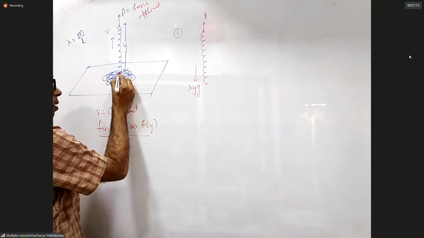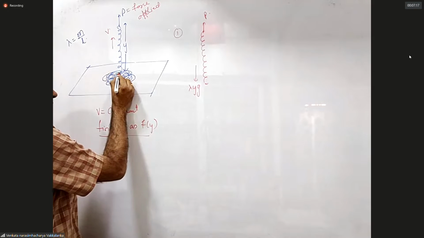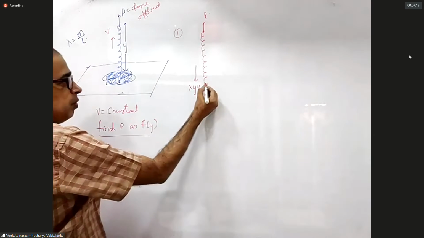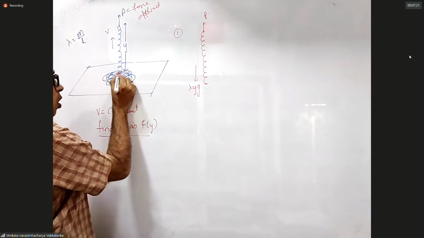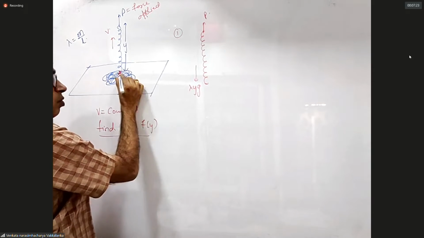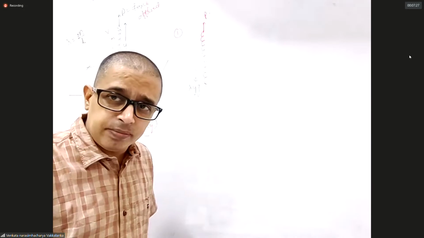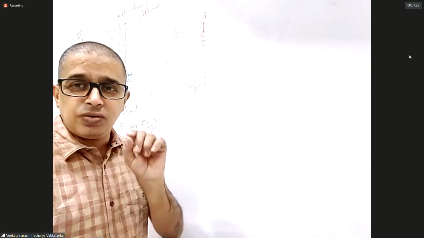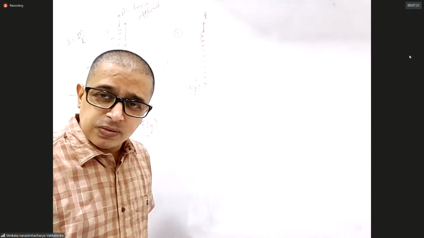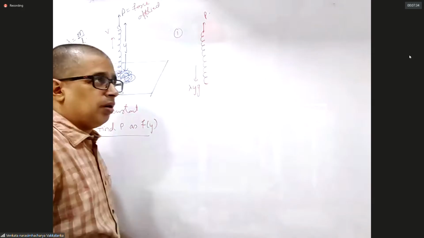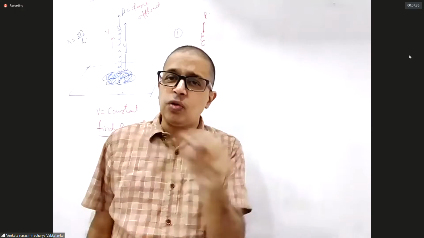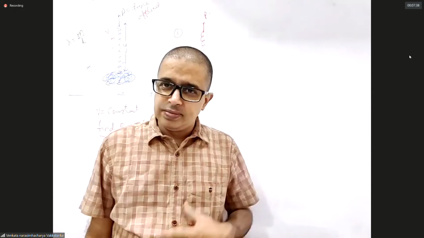Now have a look at this. One small element of the chain dm, which was at rest, suddenly started moving. There is a change in momentum. So there will be a thrust force. Now I know the value of thrust force is lambda v squared.